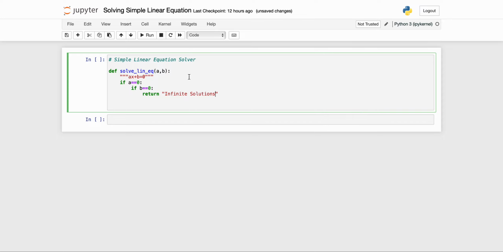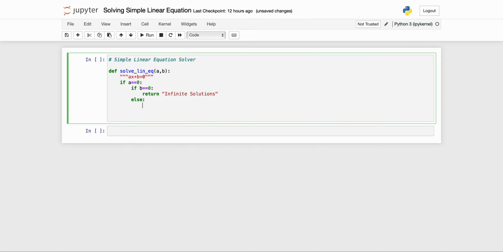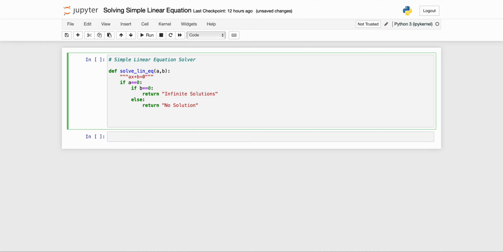And then let's do a different condition here. So if we have an else, like if it's not 0, then we can return no solution. And then when you don't have any of those, then we can actually solve the equation, right?